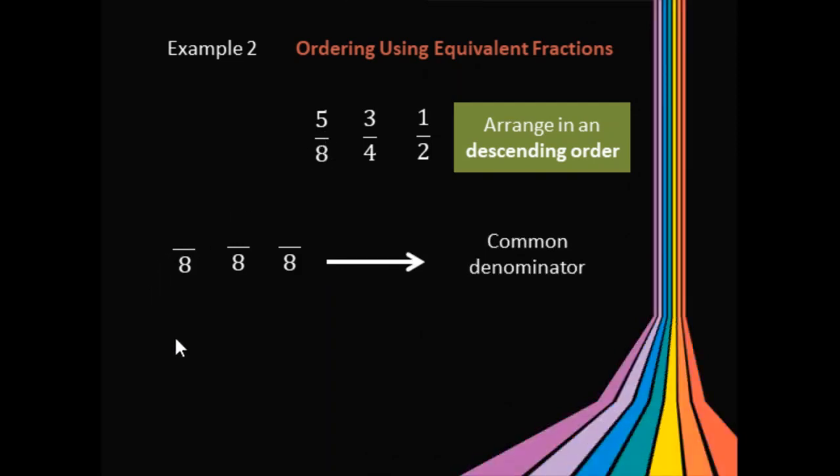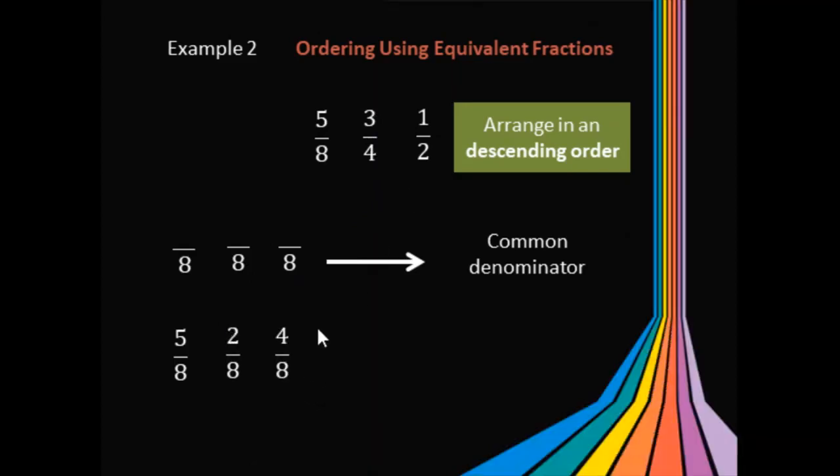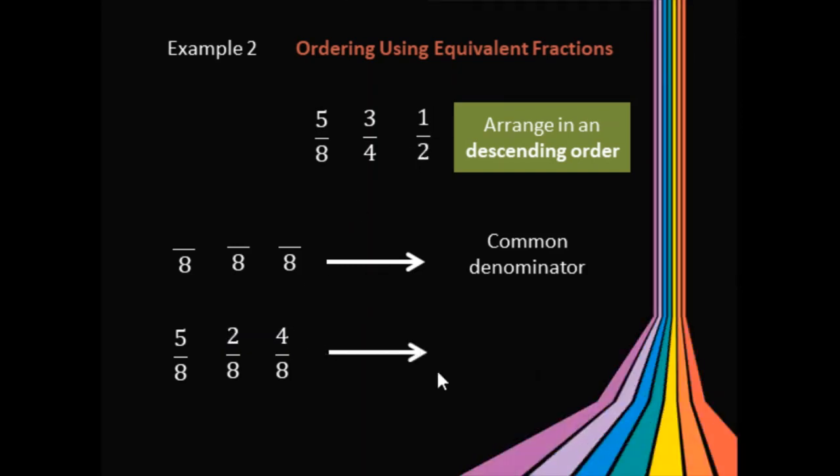So we get 5/8. 8 divided by 4 is 2 times 3 is 6. So we get 6/8. 8 divided by 2 is 4 times 1 is 4. Arranged in a descending order, that is 6/8, 5/8, and 4/8.